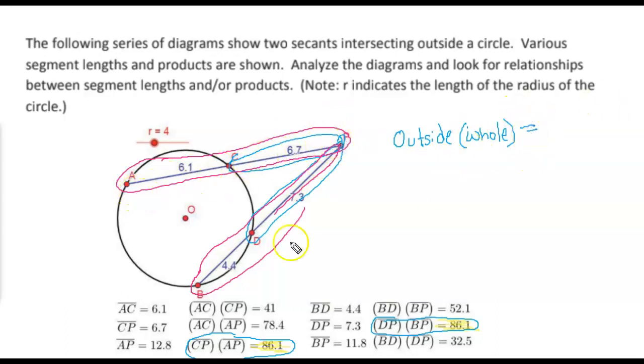And when I do that, it is equal to, on this secant, the outside piece, and it's getting multiplied times the whole thing. Again, if we can set that relationship up, plug in what we know, we can always solve for a missing piece of that puzzle.